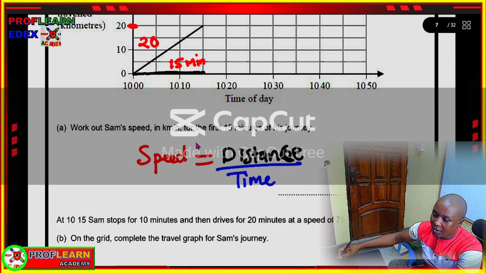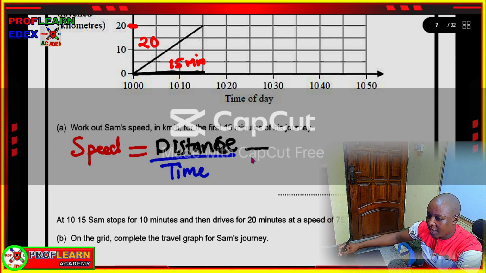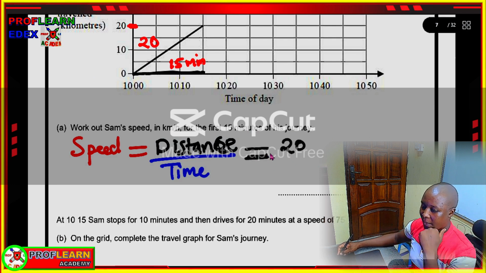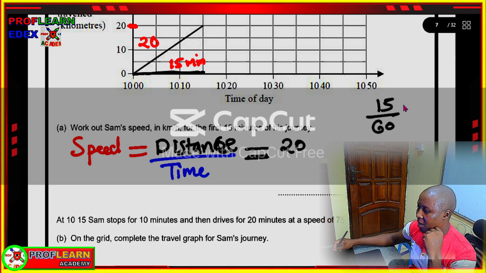In this case, the distance is going to be 20 kilometers, but the time is in minutes, so we want it in hours. So this is going to be 15 over 60, which is a quarter of an hour, which is 0.25.